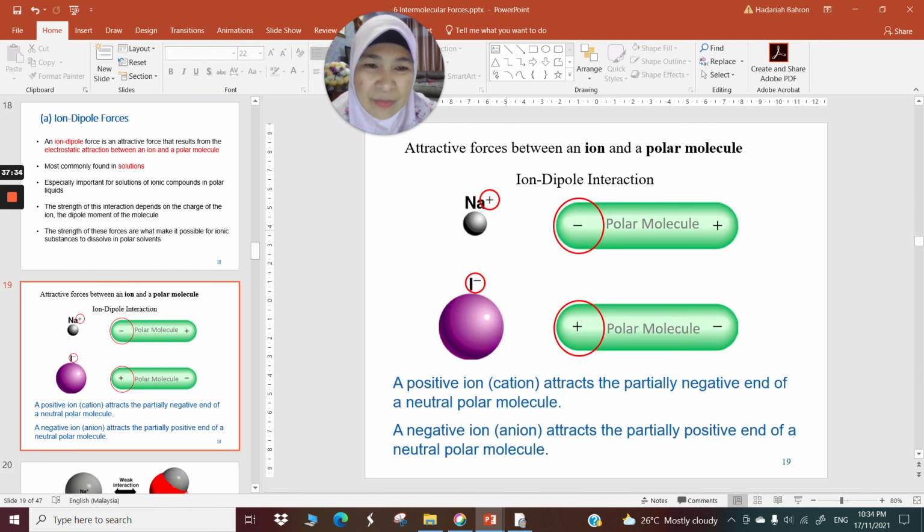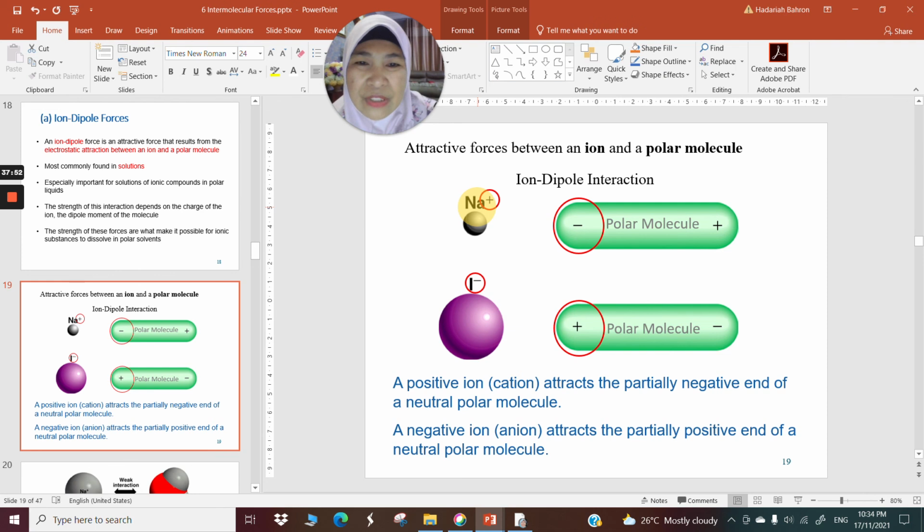For example, this one. If we talk about water here, you have your oxygen, negative, and your hydrogen, positive, and you're going to have the positively charged sodium interact with the slightly negative end of this polar molecule, and the iodide.